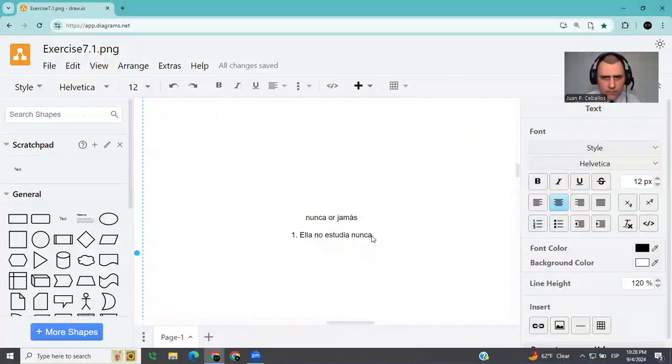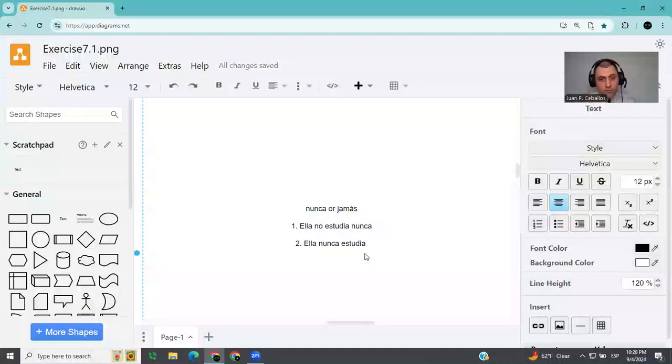So a second way to do this would be ella nunca estudia. The negative before the verb.